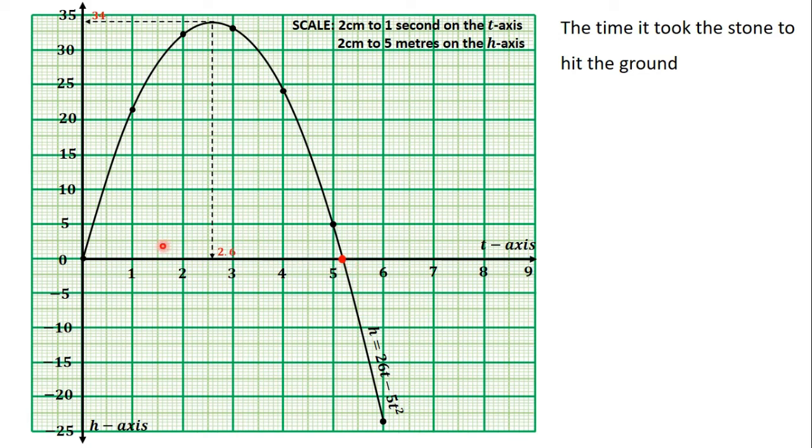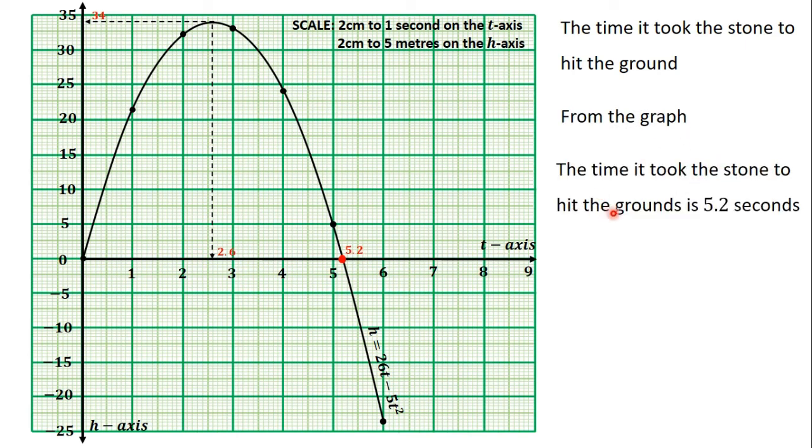Remember that we said this horizontal major grid line represents the ground. So the stone will hit the ground at this point. The time at this point will give us the time it took the stone to hit the ground. At this point on my graph sheet, the t value is 5.2. So we can say that from the graph, the time it took the stone to reach the ground is 5.2 seconds.